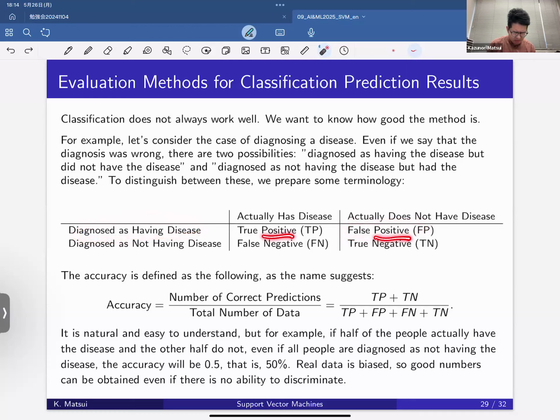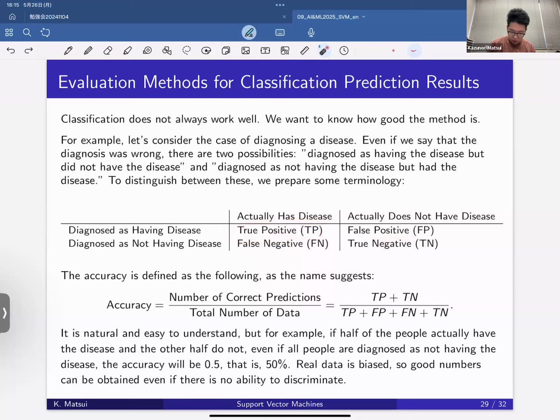Regardless of whether the person actually has a disease or not, we get a positive result in that case. When the person actually has a disease, it was truly positive, so we call it true positive.